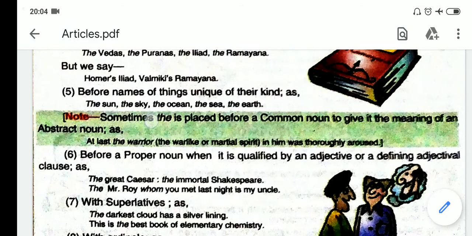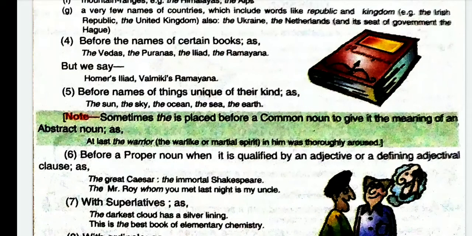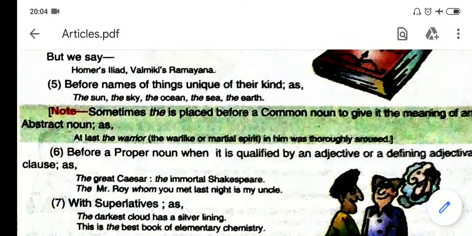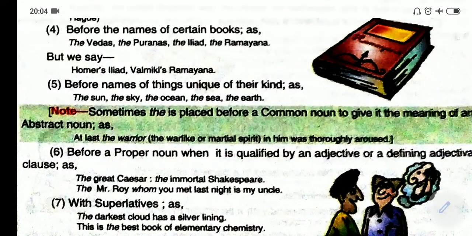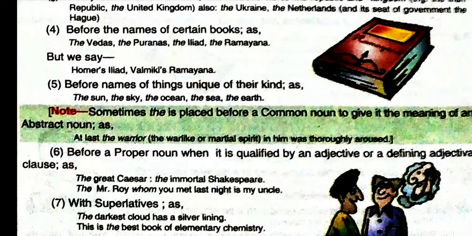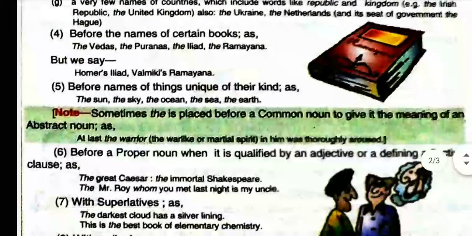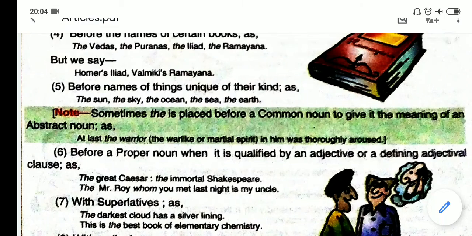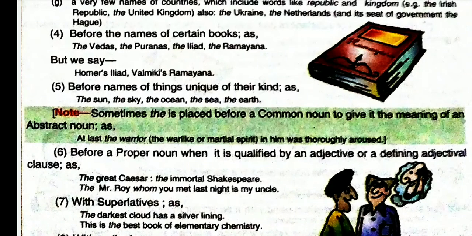Note that sometimes the is placed before a common noun to give it the meaning of an abstract noun. Very important. In this case, warrior. At last, the warrior. What is warrior? Warrior is a common noun. It's not a proper noun. We use the article the before the common noun to give it the meaning of an abstract noun.